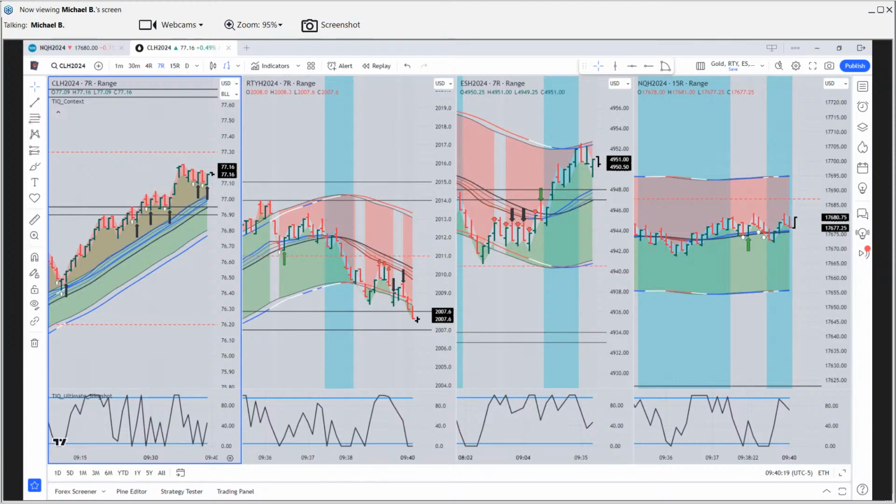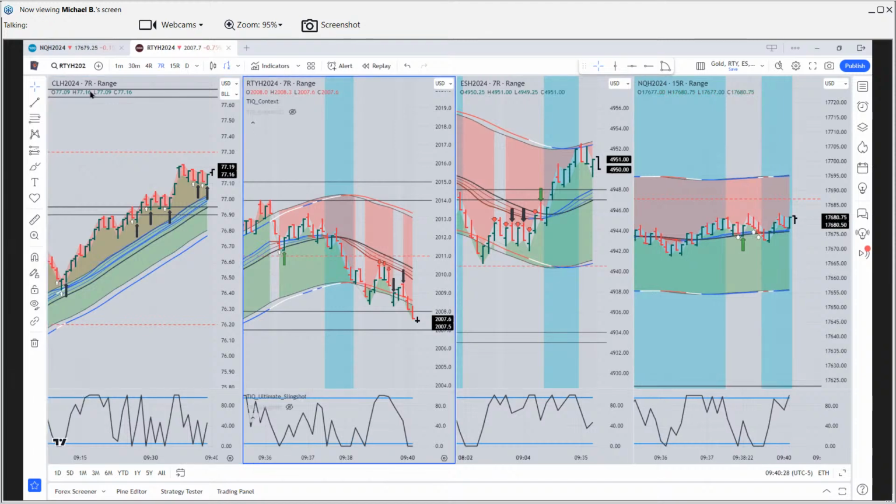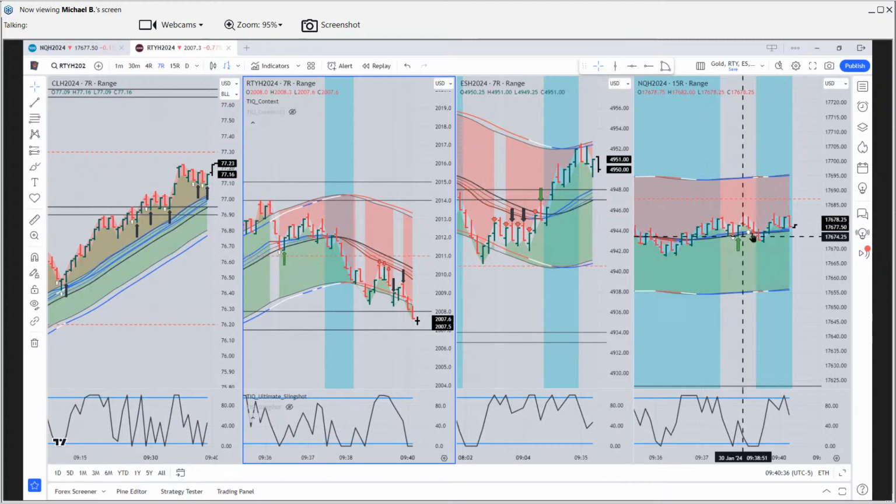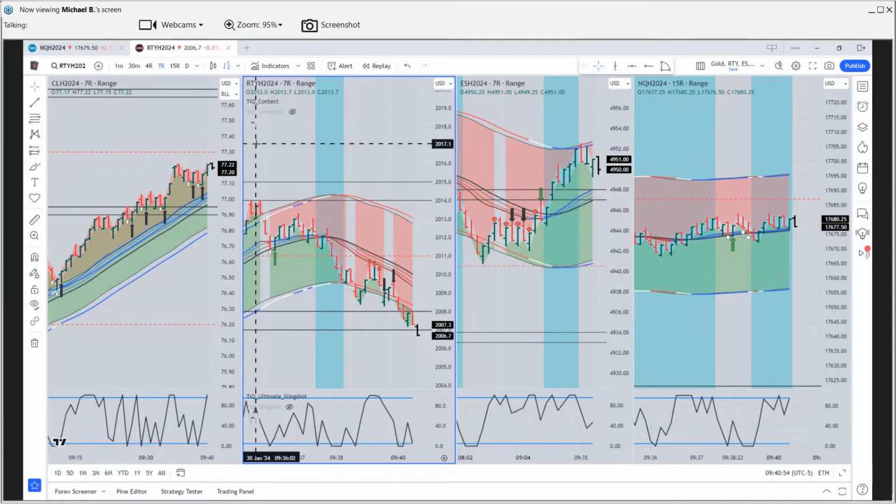So we don't have anything there that we can do, but on the ES, the ribbon is right here at the weekly trading zone.